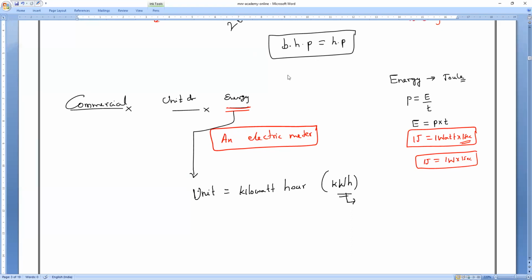Please write, this is the commercial unit of energy. Sir, how does it come? I'll say. So define first. First define 1 kilowatt hour.